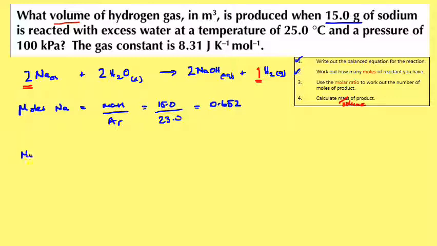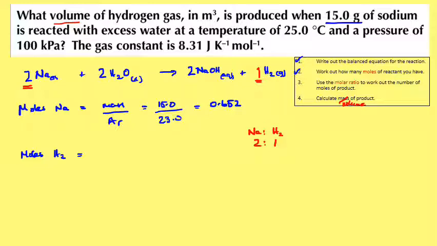What we're doing is working out the moles of hydrogen gas, and because of our molar ratio, I'll write it out completely for us. So we've got sodium to hydrogen gas. Notice I'm putting the 2 there. Our molar ratio is 2 to 1.